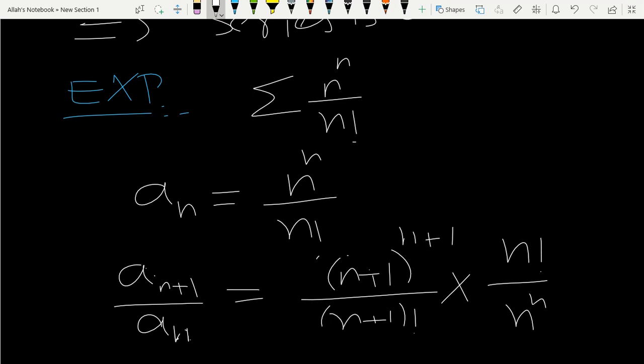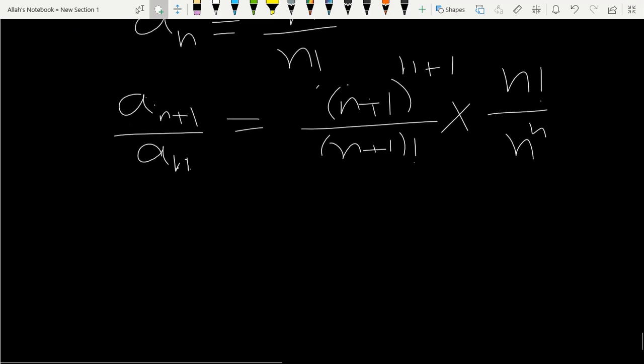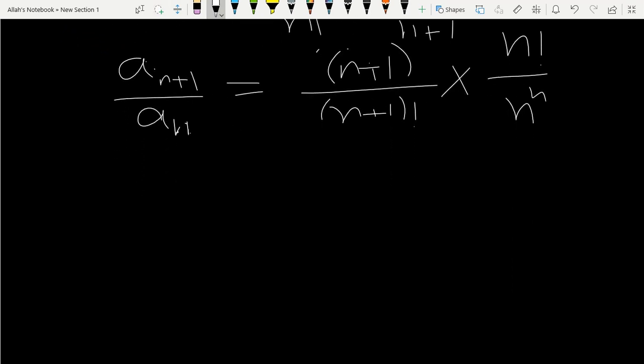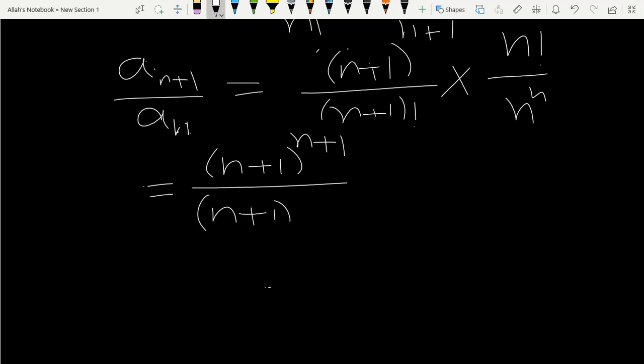Okay, so after simplifying, how will we simplify it? (n+1) raised to the power (n+1) divided by (n+1), and n factorial multiplied by n factorial cancelled out.